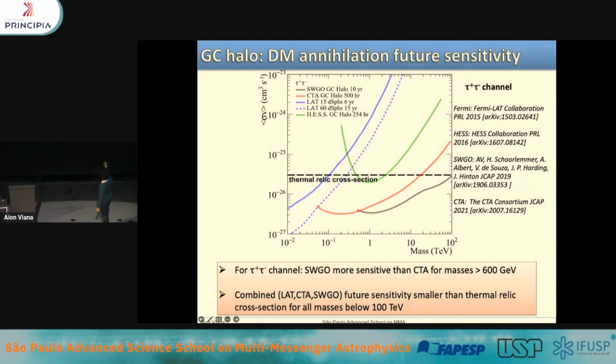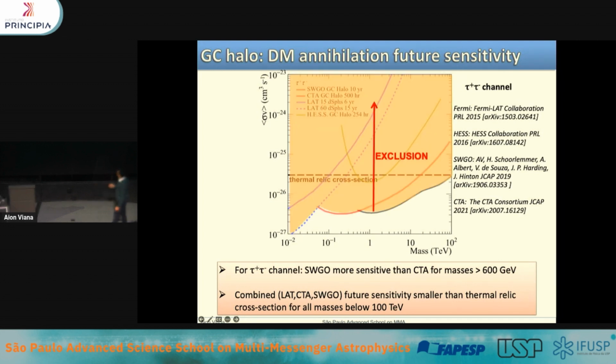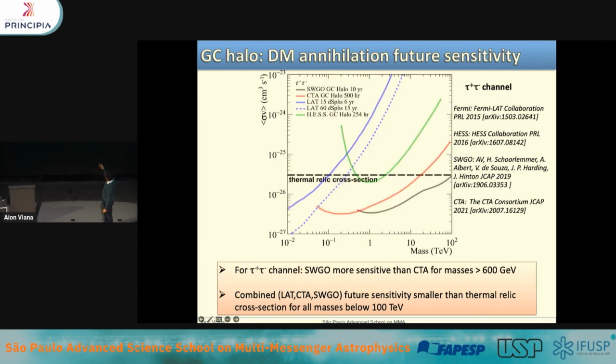This is what it looks like for tau plus, tau minus. In blue, you have Fermi, the projection, also Fermi. The red one is for CTA, the gray one is for SWGO, there is the thermal relic, and this is for H.E.S.S. So again, we exclude everything that is above this line, and what we show is that with these future observatories, we will actually be able to constrain all masses below 100 TeV, below the thermal relic value.